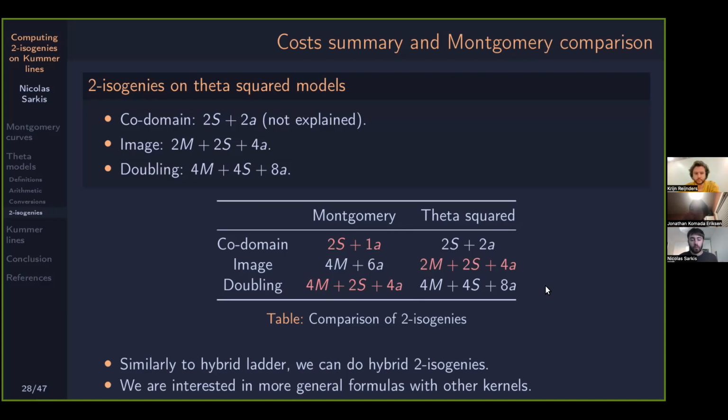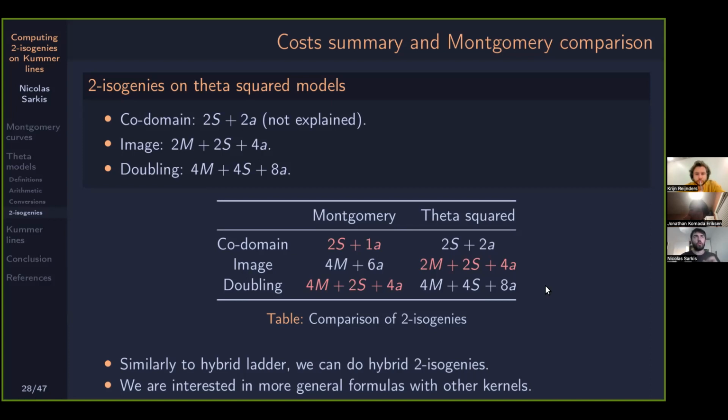So we could do hybrid 2 isogenies with the same kind of conversion we did earlier. But one issue that arises is that when you want to do arithmetic on the Montgomery model and arithmetic on the theta squared model, you don't have the same constants to do your arithmetic.